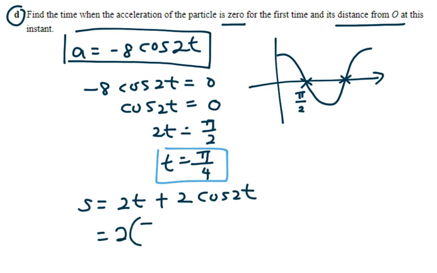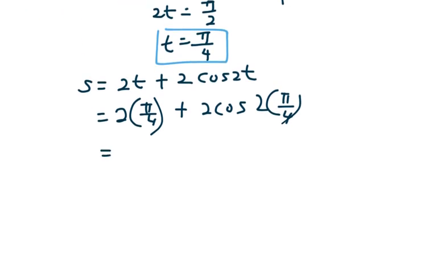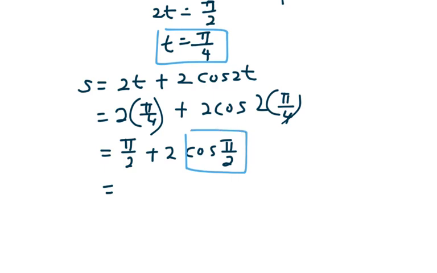So 2 times pi over 4 plus 2 cosine of 2 times pi over 4. Simplifying, you will get pi over 2 plus 2 cosine of pi over 2. As mentioned just now, cosine of pi over 2 will give you 0. Hence, your final answer will be equivalent to pi over 2.